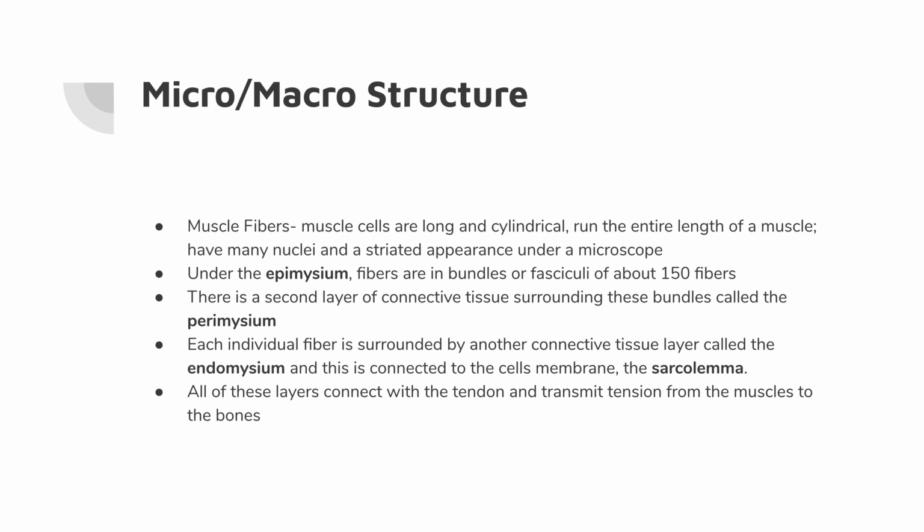So all of these layers collectively are going to travel the length of a muscle from tendon to tendon, and they're going to tie directly into the tendons because they are also connective tissues. And the unique ability of these tissues is to take the forces that are produced within the muscle cells, the individual muscle cells, and they can transmit that force along those bands.